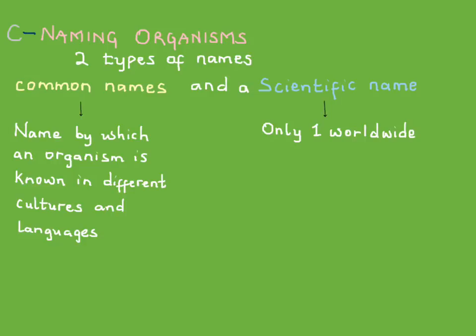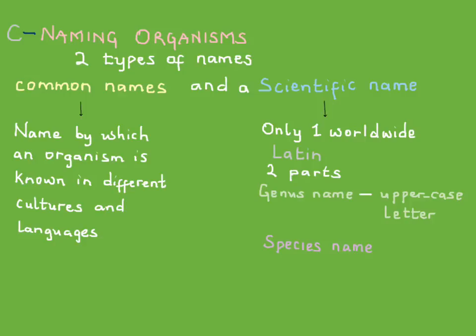The name is given in Latin and consists of two parts. The first part is the genus name, and it is written beginning with a capital letter. The second part is the species name, and it has a lowercase letter.